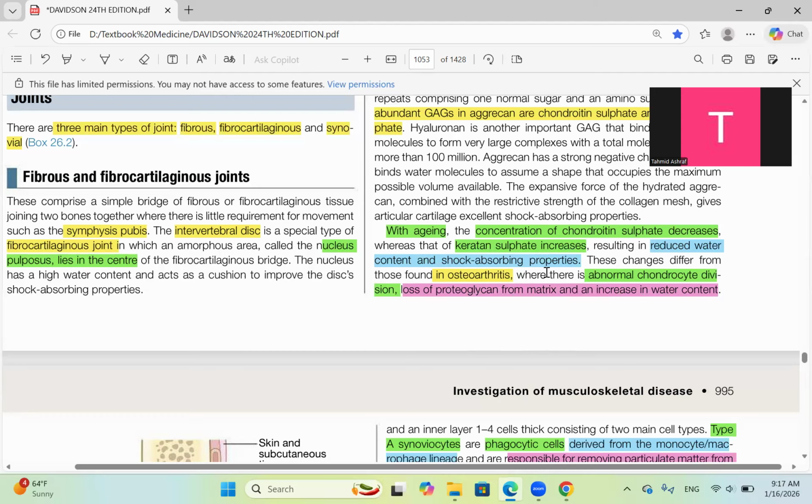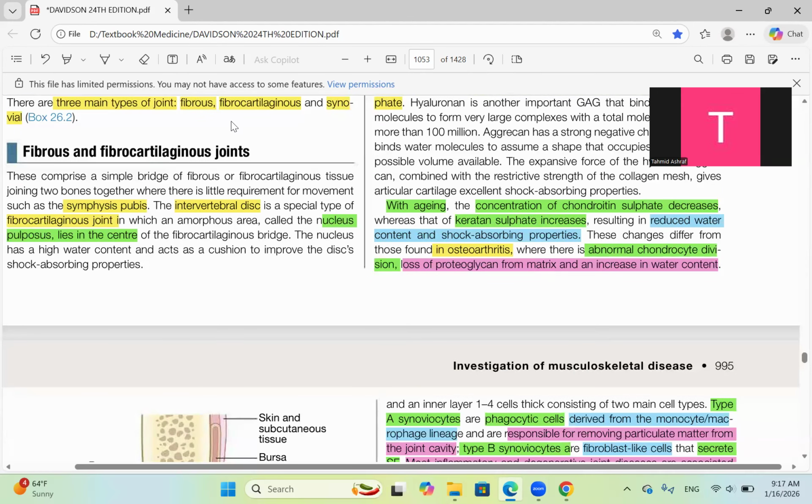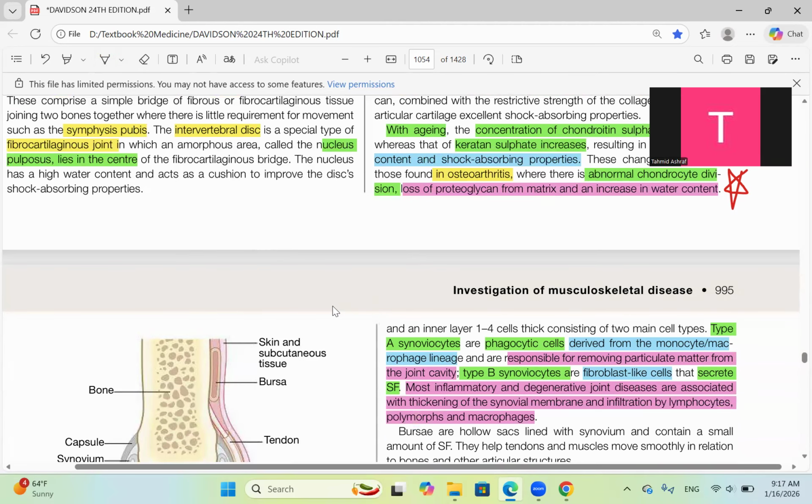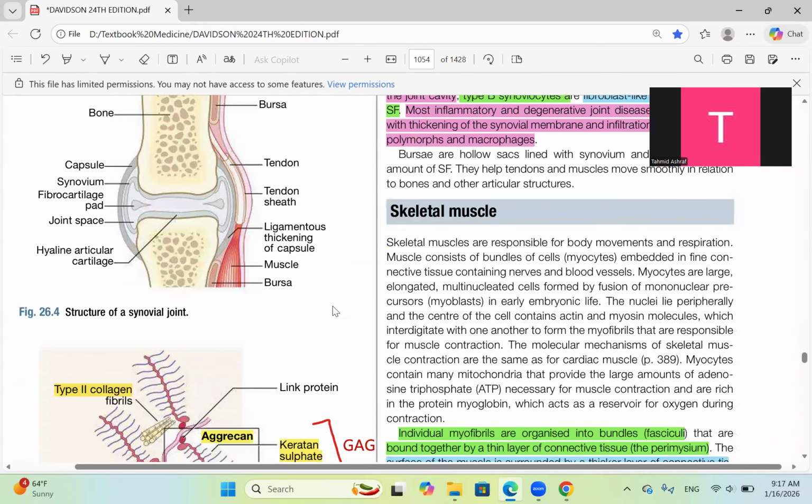This is an interesting point, because using common sense we may think that in osteoarthritis the water content in the articular cartilage might decrease, but that's not true. The water content increases, paradoxically. So we will have to remember that point. Water content increases during osteoarthritis, but during aging, water concentration decreases. Okay, let's go to the next page.